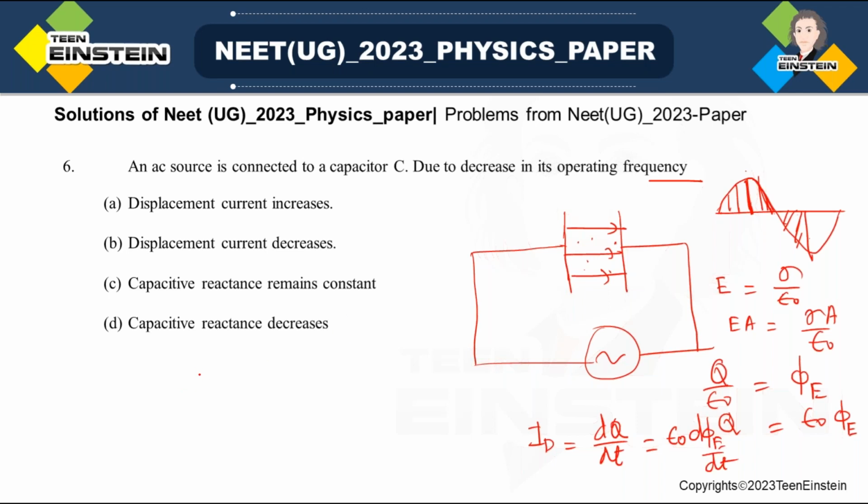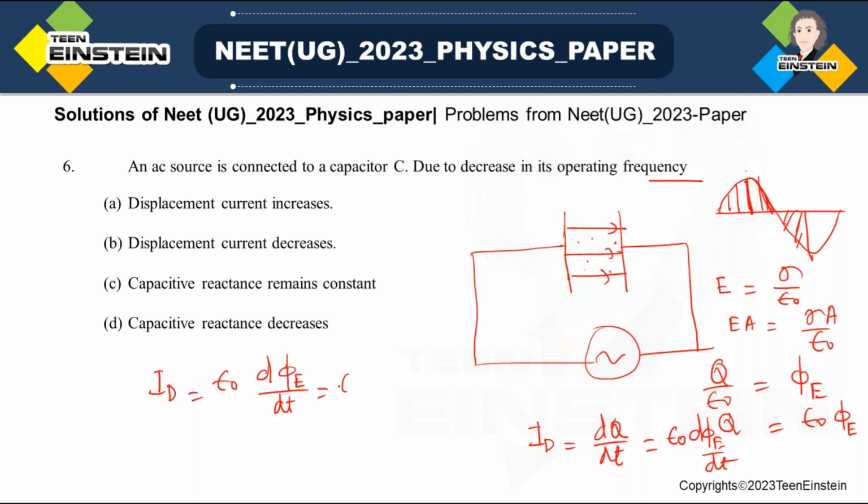So the expression for displacement current is epsilon naught d phi e by dt.